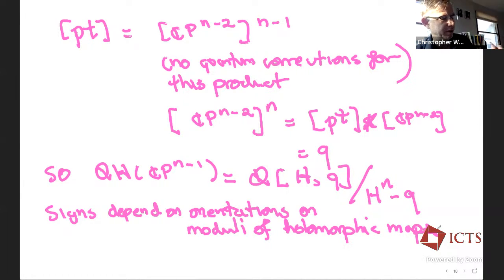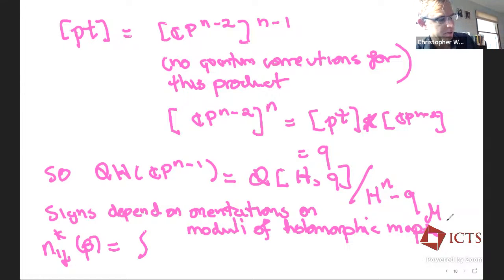So another way to say what this number N_ijk of beta is: I call this moduli space M_{0,3} bar of M from beta. And I can also write this as an integral in M_{0,3} bar.